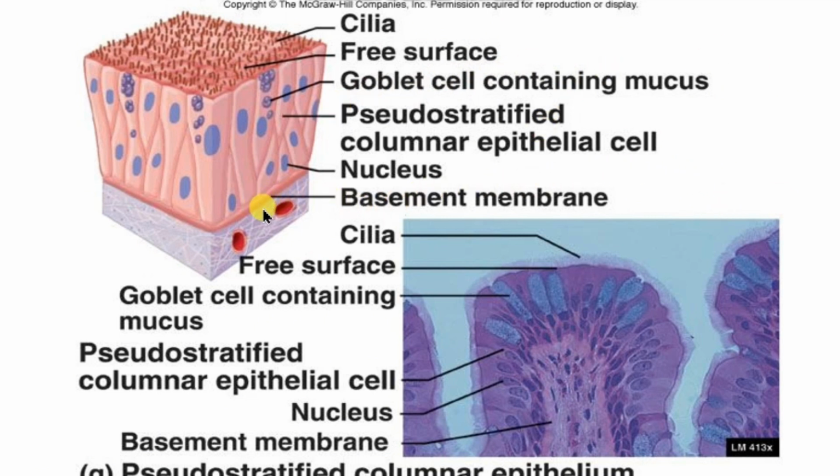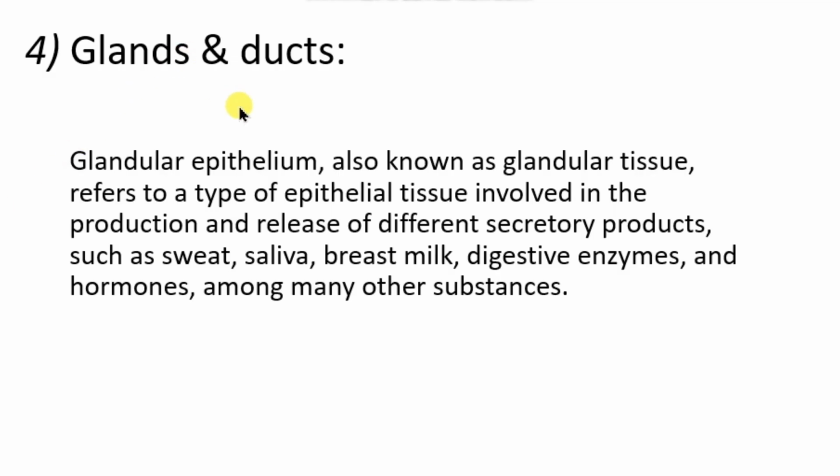So next you can see the same basement membrane. Here you can have a look on the slide. Cilia, goblet cells containing mucus. The next example is also found in the glands and ducts. So it's also called glandular epithelium, or also known as glandular tissue. Okay.